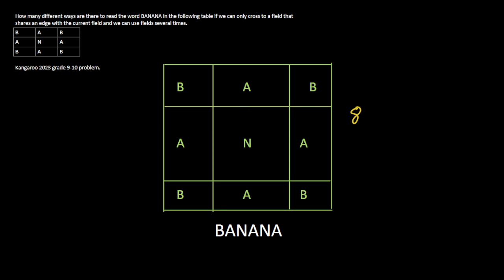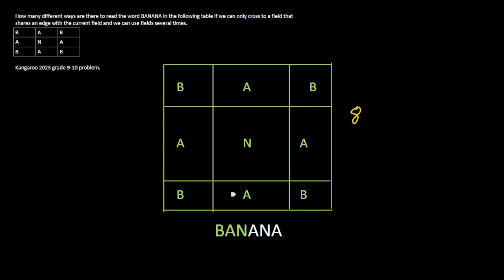So now we're done with this part of the word. We're done with B-A-N. Now we only need ANA, and we're already at the N. So from the N, there are 4 ways to get to the next A. From this N, you need another A, right? There are 4 A's surrounding the N, and you can go to any of them within one move.